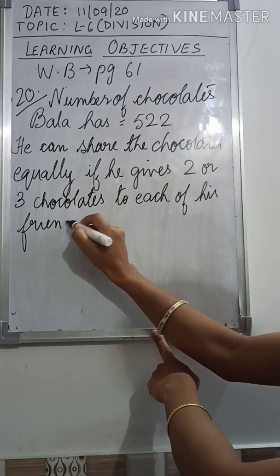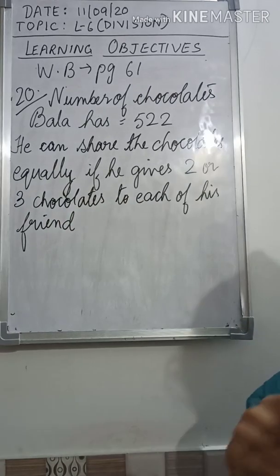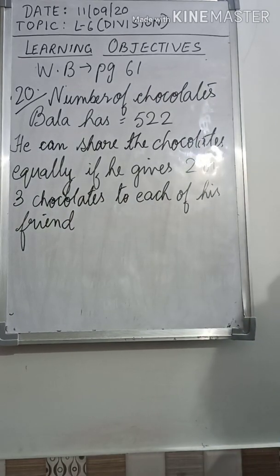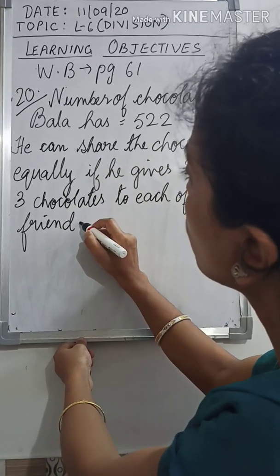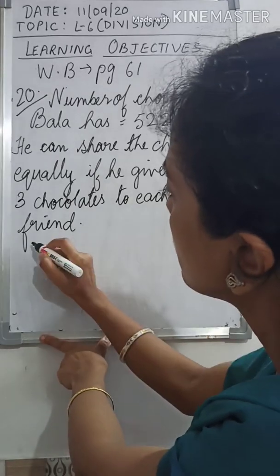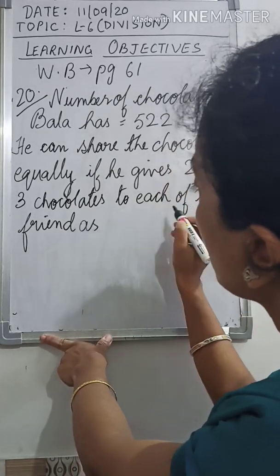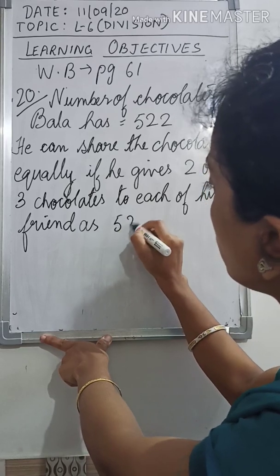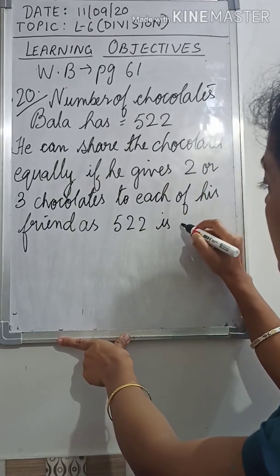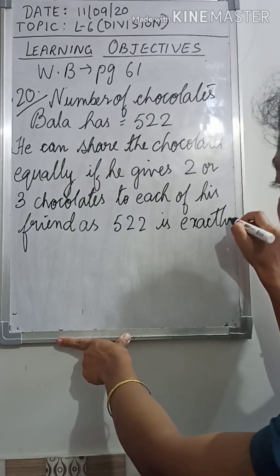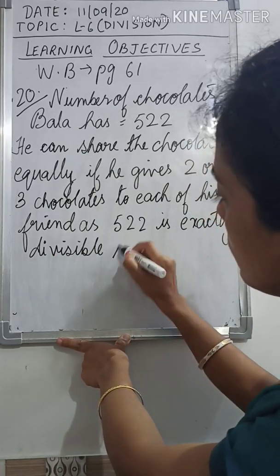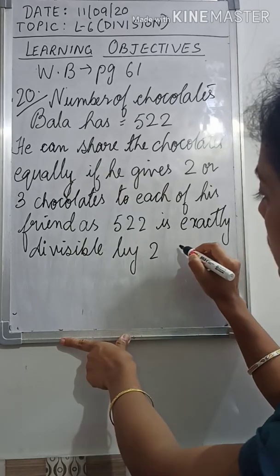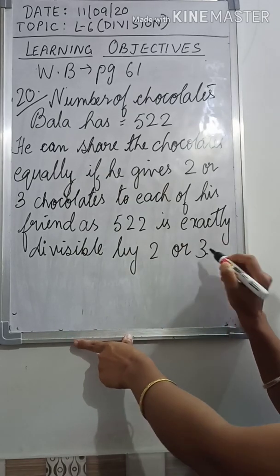So we have written if he gives 2 or 3 chocolates to each of his friends. So you can also write the reason as: 522 is exactly divisible by 2 or 3.